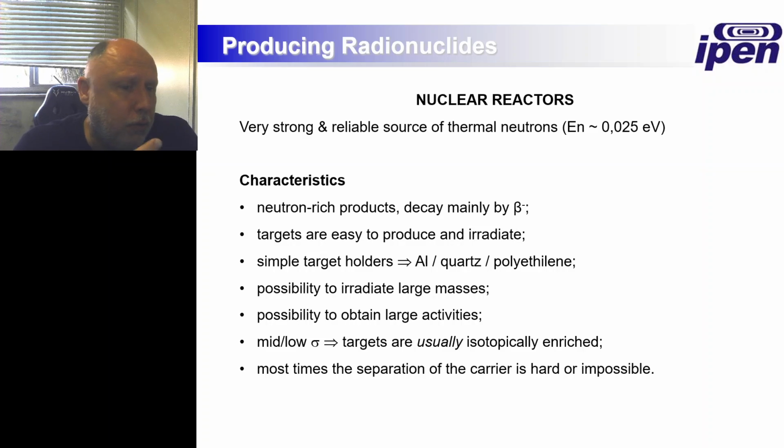And targets are very easy to produce because you're not exposing anything to heat or anything. Maybe you will put things underwater. The target holders are simple, whatever you want, in fact. You can irradiate large masses.